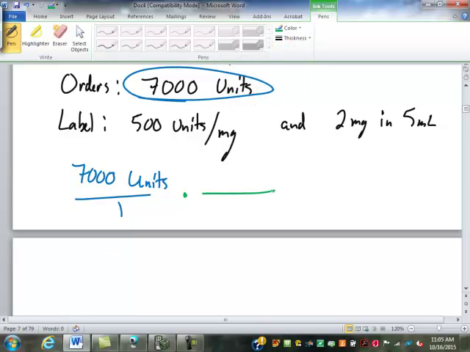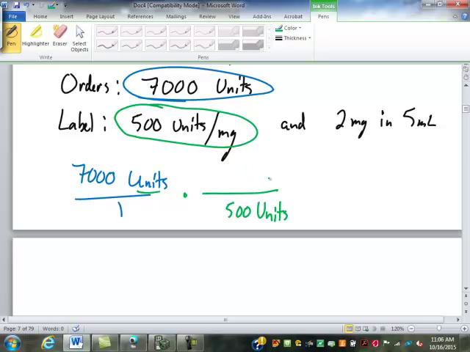Now in the first conversion factor here, we know we have to have units on bottom. We have to get rid of units. The only thing we have that equates units to anything else is what? 500 units per milligram. So 500 goes on bottom.